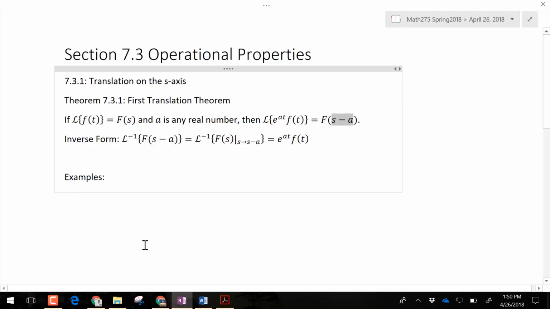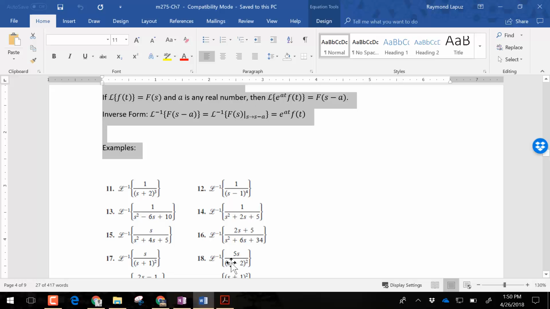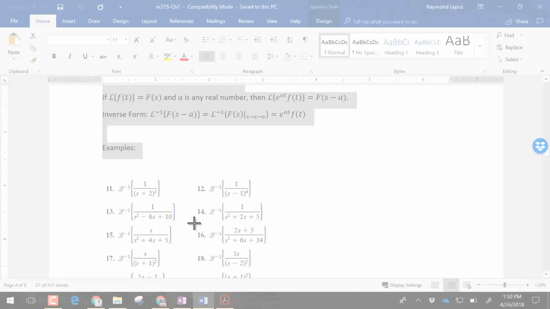So when will that ever happen? I don't know. Let's take a look at an example where it might happen. Let's do maybe number 16 or something.